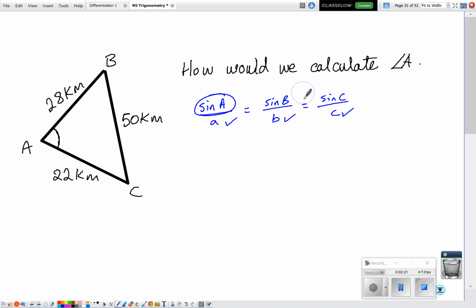This triangle is also scalene. None of the sides are the same size, so there's no symmetry or trickery that we can pull that way. So there's really nothing further we can do with that, because without one of the angles, either B or C, we don't have a complete pair, with 3 out of the 4 bits of information unknown. It just doesn't exist.